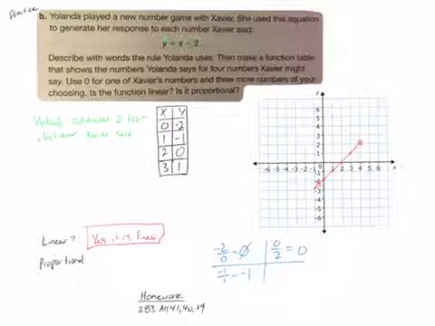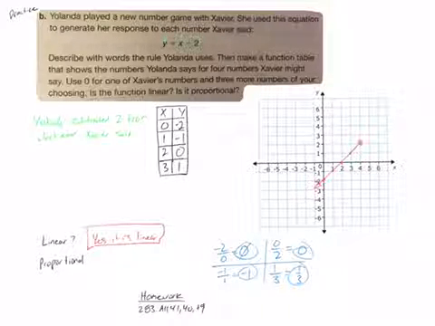And then if I take 1 cookie and divide amongst 3 friends, that's just going to be 1/3. So are these numbers coming out to be the same? No, they are not, and it's also worth pointing out that it does not pass through 0, 0. So then I would say not proportional.